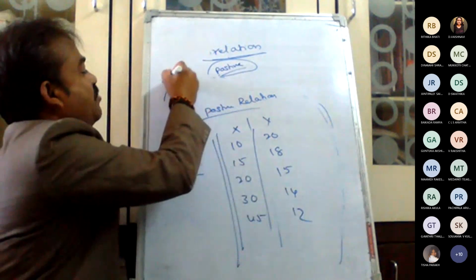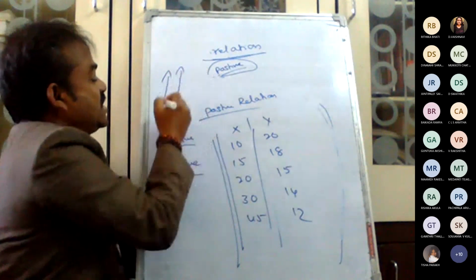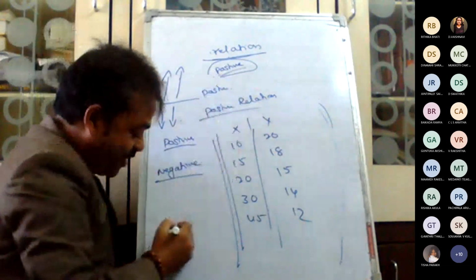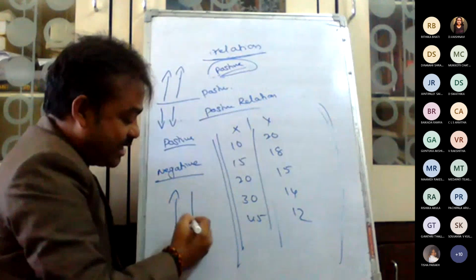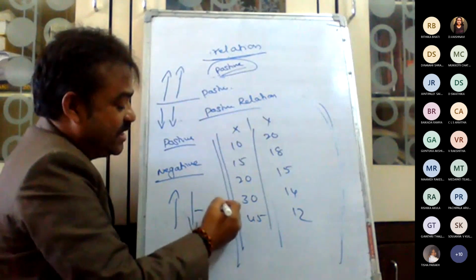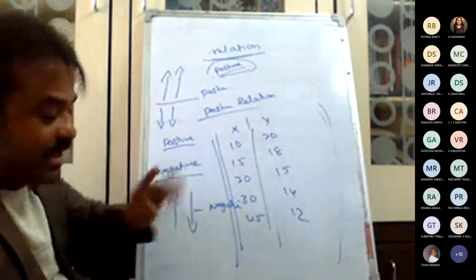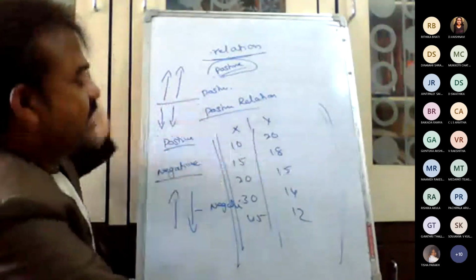When both variables either increase or decrease the same way, then it is positive. If one variable is increasing and another variable is decreasing, then it is a negative correlation.